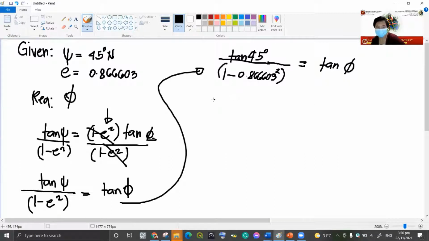And then the geodetic is just the arctan of this value.